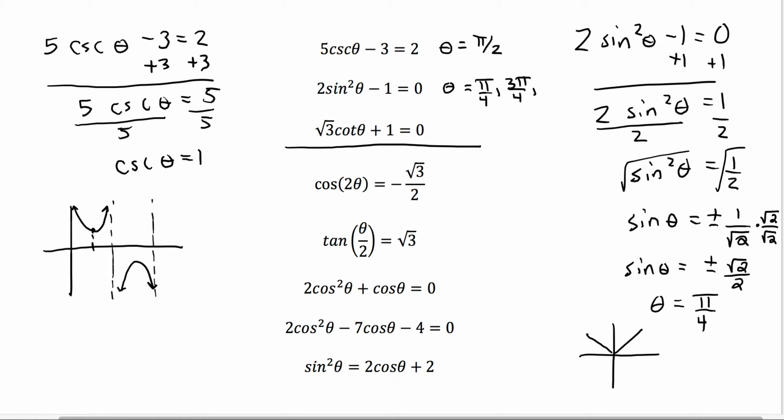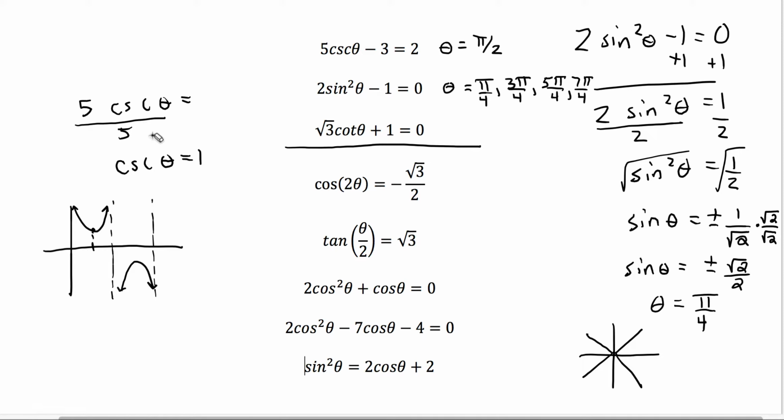Reflecting into the third quadrant, you're at 5 pi over 4. And reflecting into the fourth quadrant, you're at 7 pi over 4. So you have 4 answers to that particular problem because of the squared.